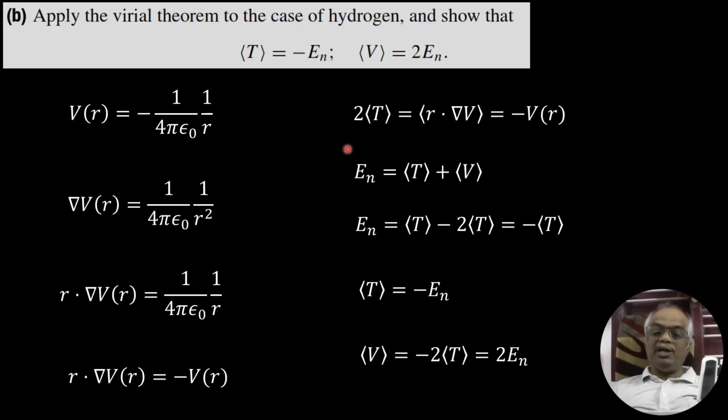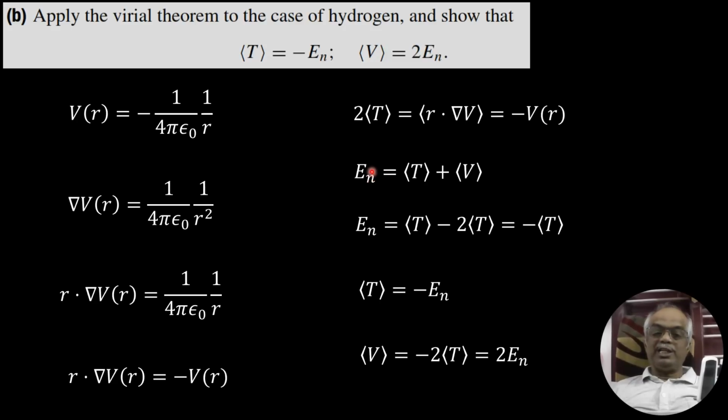Then just now we have seen in section A, 2 times the kinetic energy is equal to the expectation value of r dot ∇V. So here r dot ∇V is minus V(r).